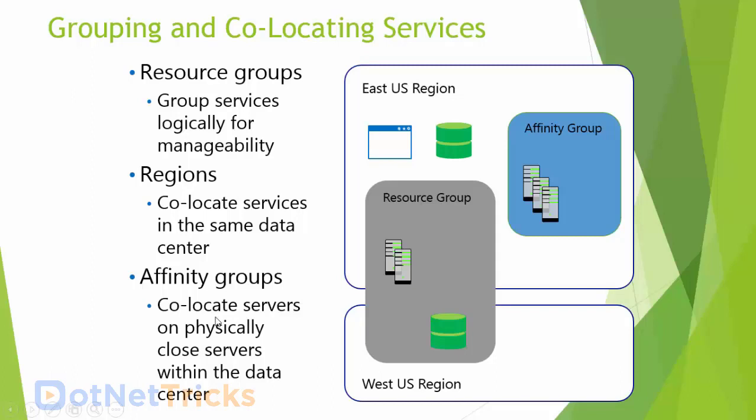Now what are affinity groups? Suppose you want to create 100 virtual machines in the same cloud service. It's possible that one of the virtual machines is in rack number 1 and another virtual machine is in rack number 100.